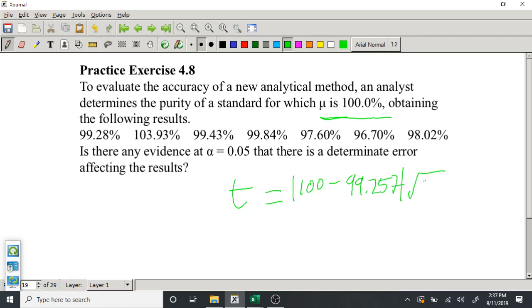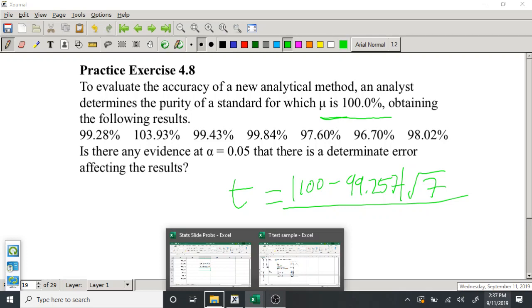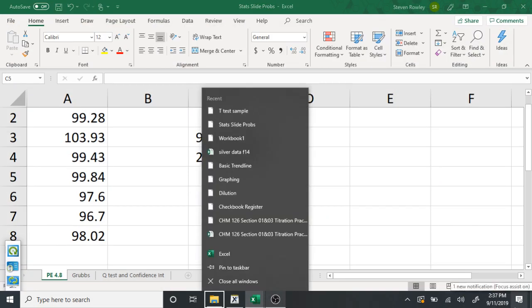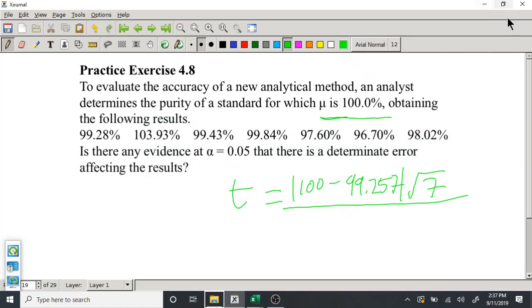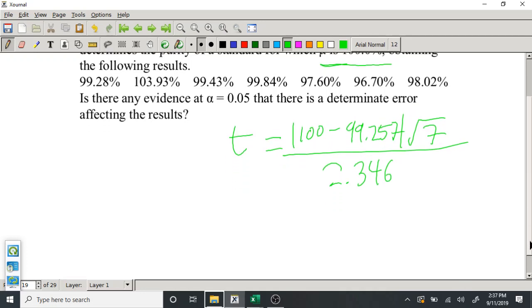Times the square root of 7 divided by the standard deviation, 2.346. That should be plenty. So what do we get for a t-value?